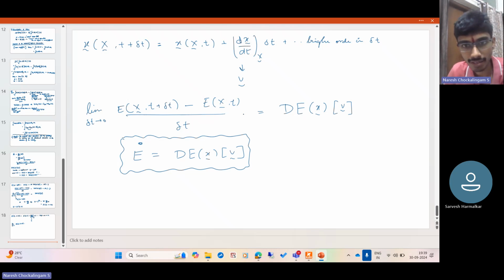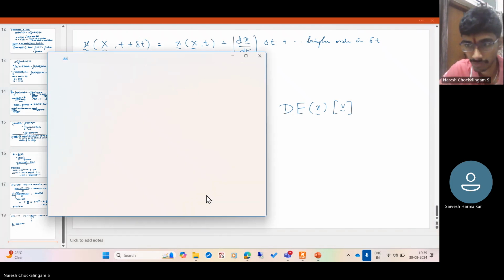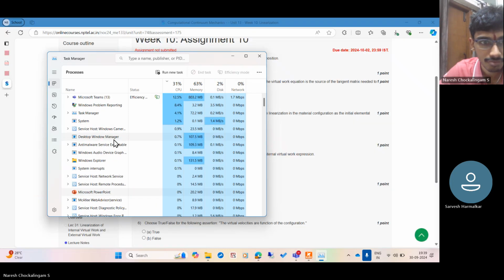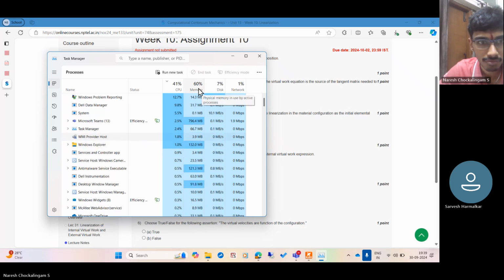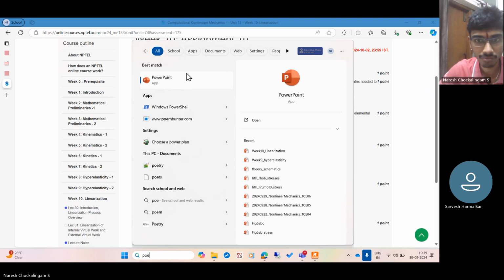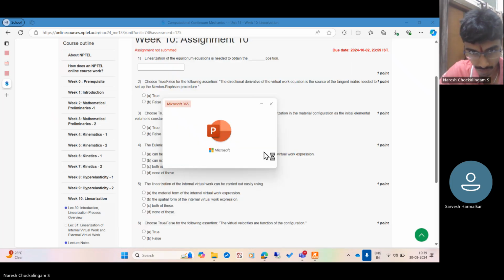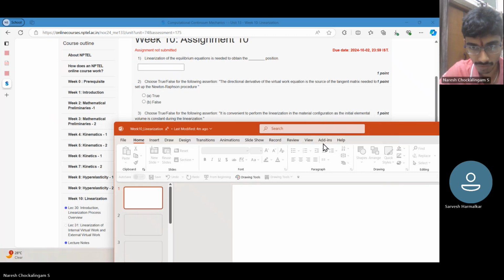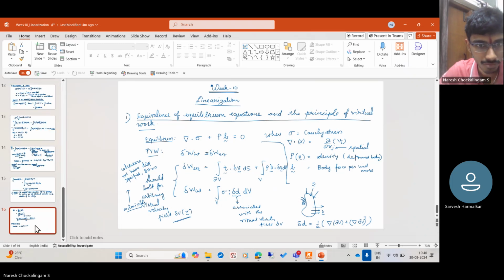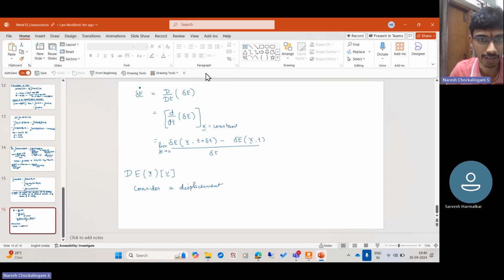Okay, yeah, anyway, so nowhere I have used the definition of E as half F transpose F minus I. So this holds for any tensor. Okay, this is all gone fine.